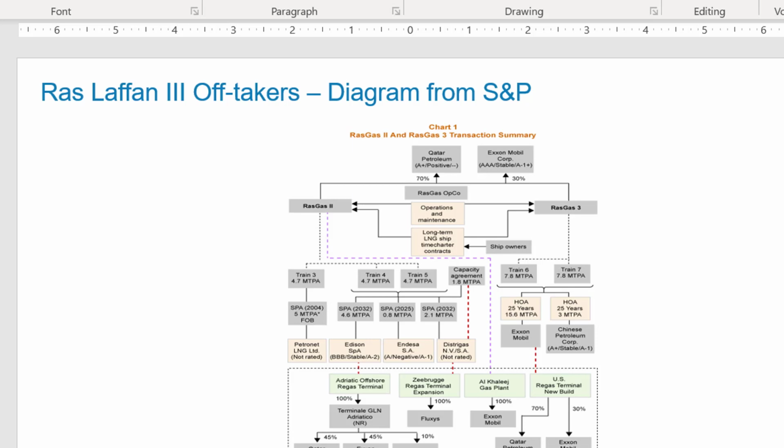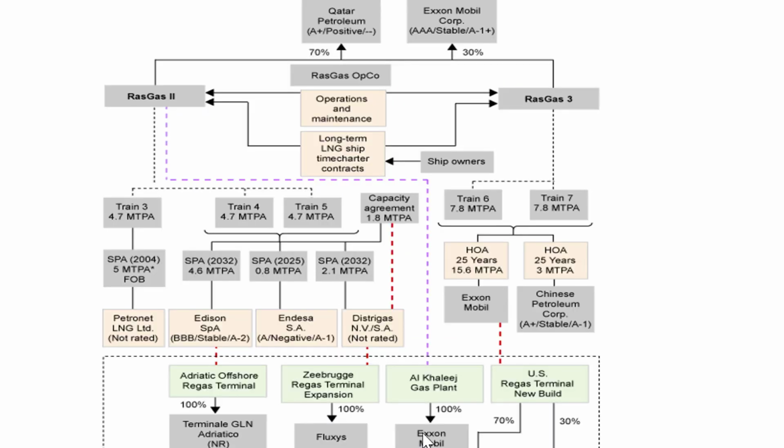Now, if you look at the later projects, here's what they made: these complicated diagrams that you couldn't figure out. But on each of these little things, you put, I hope they did, they're single A, they're single A minus, they're A2, they're not rated.